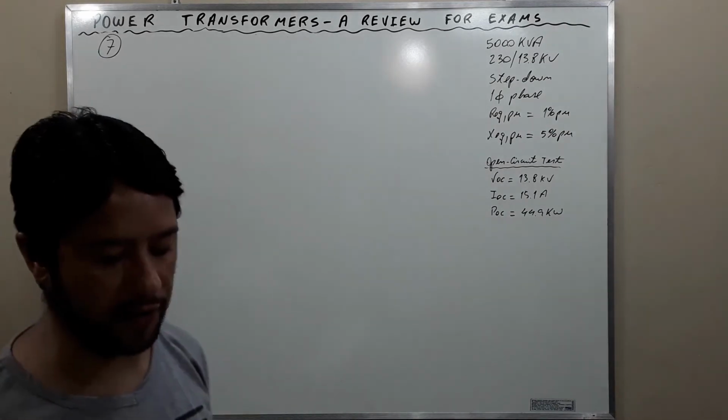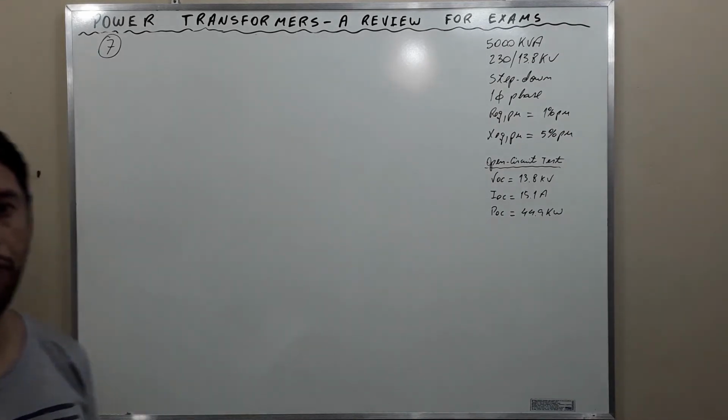Exercise number 7. A 5000 kVA, 230, 13.8 kV, step down, single phase transformer has a per unit resistance of 1% and a per unit reactance of 5%.